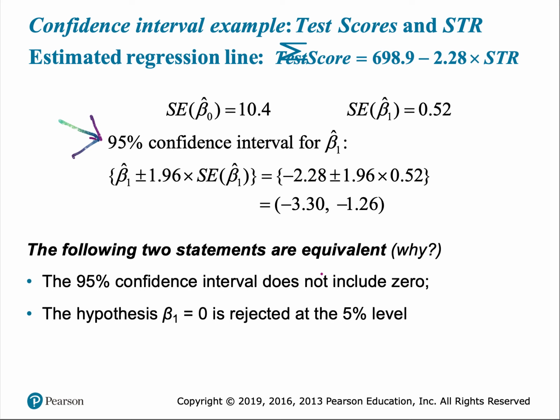That gives us a range, which is negative 3.3 to negative 1.26. We can say that we are 95% confident that the true population slope resides between negative 3.3 and negative 1.26.